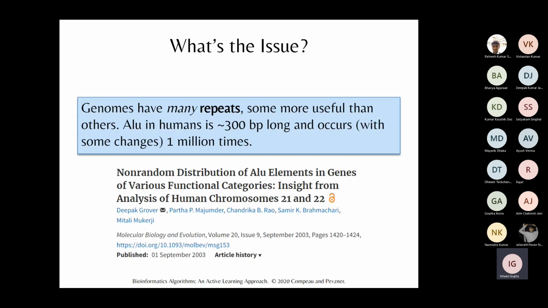What does this mean? This essentially means that there is an issue of repeats. So, for example, Ratnesh was mentioning microsatellite DNA and other DNA. There is another kind of DNA in humans called ALU repeats. A lot of work on ALU was actually done in India, just about 10 kilometers away from IIT. ALU elements are about 300 base pair fragments which occur lots of times in the genome.